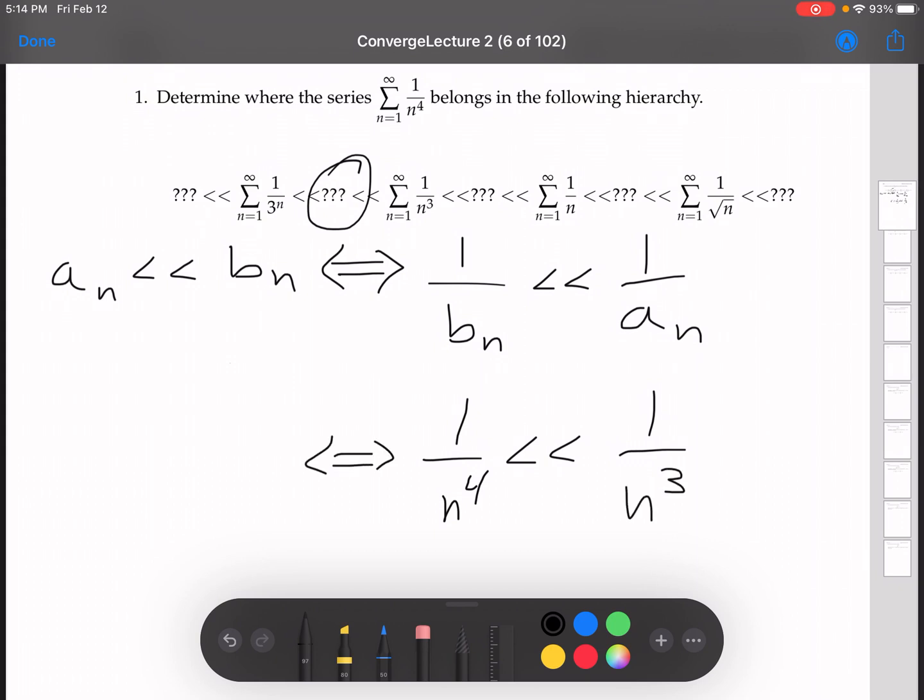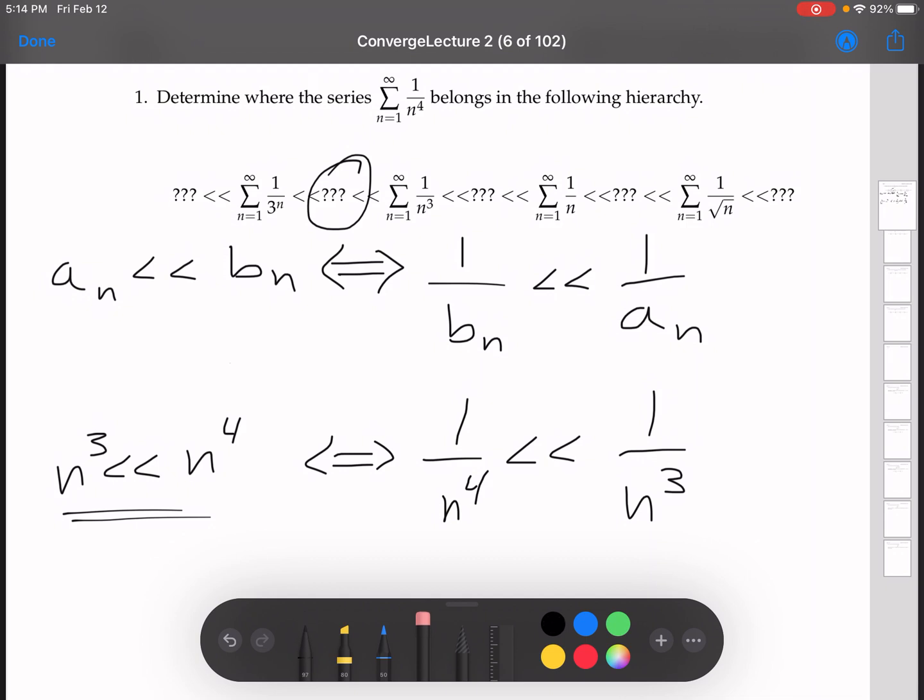Well, if that's true, then, and notice how they switch, that means that n cubed goes to infinity slower than n to the fourth. And this we know is true. If you think about it in powers, 2 cubed is always going to be less than 2 to the fourth. 100 cubed is always going to be less than 100 to the fourth. So that's how we got that one.